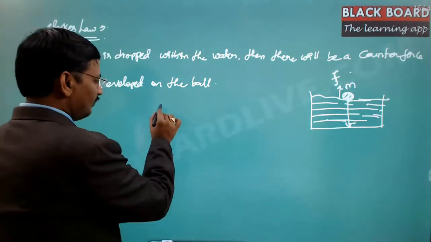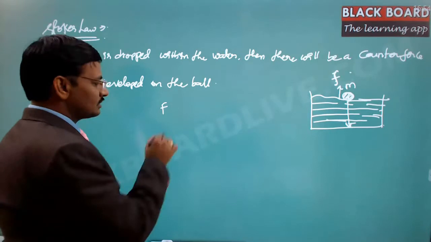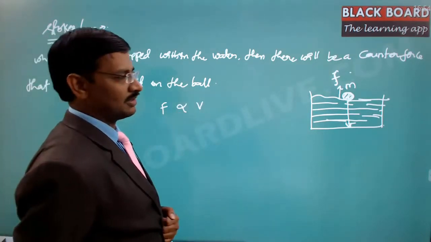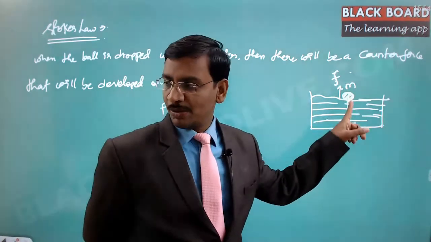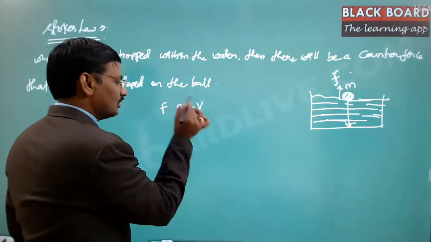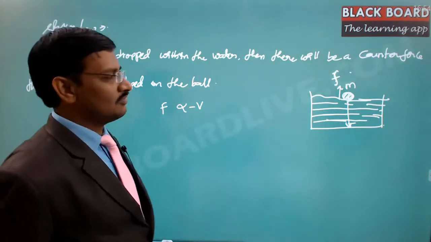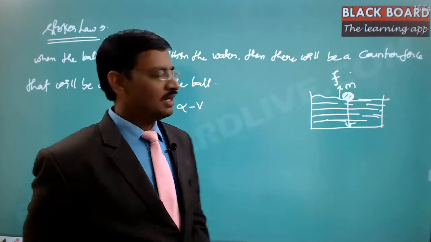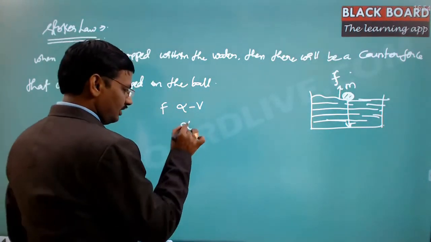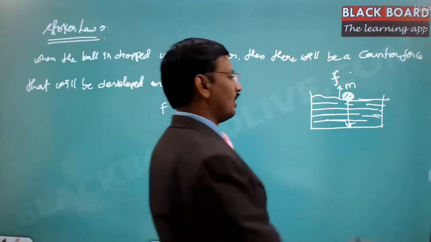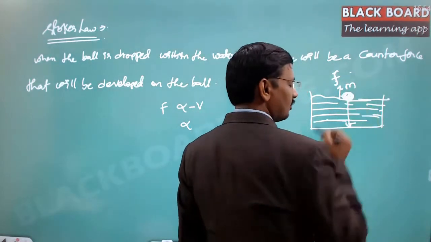Now, the frictional force is always proportional to the velocity. That is one important aspect. And if you notice, it is always in the opposite direction also. One more important factor is that this frictional force is dependent on the diameter of the ball.